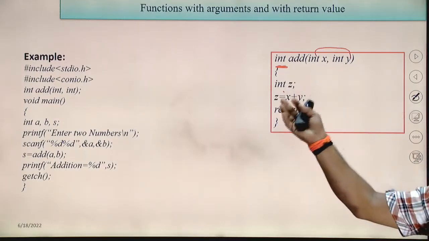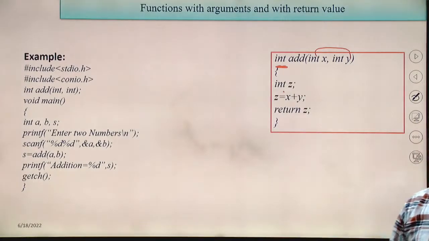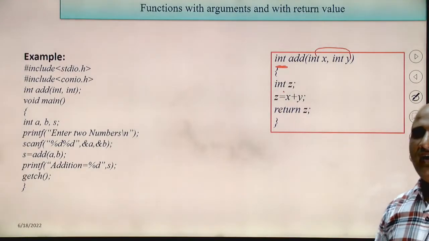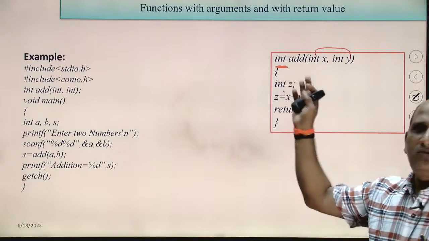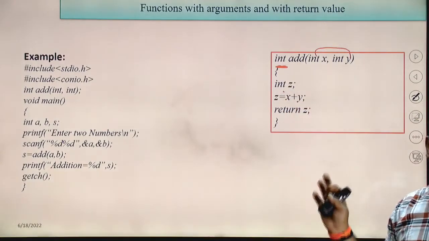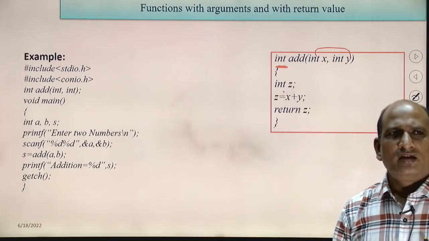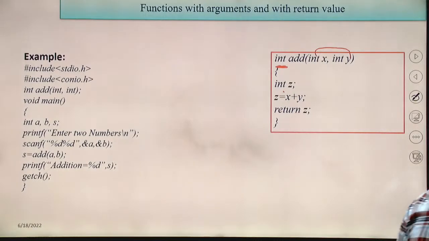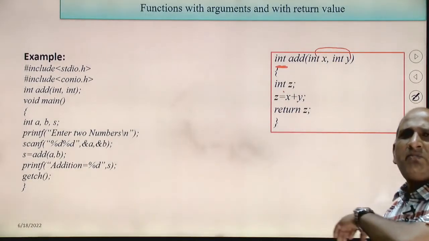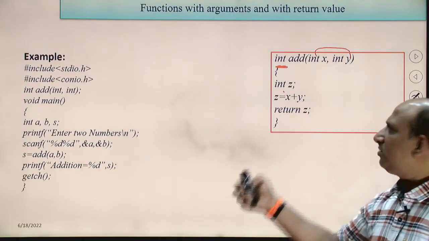Main is going to call it, which means main will pass the values of x and y in the form of actual parameters, and it just sums those x and y. It need not process the result either, it will return the result to the calling function.